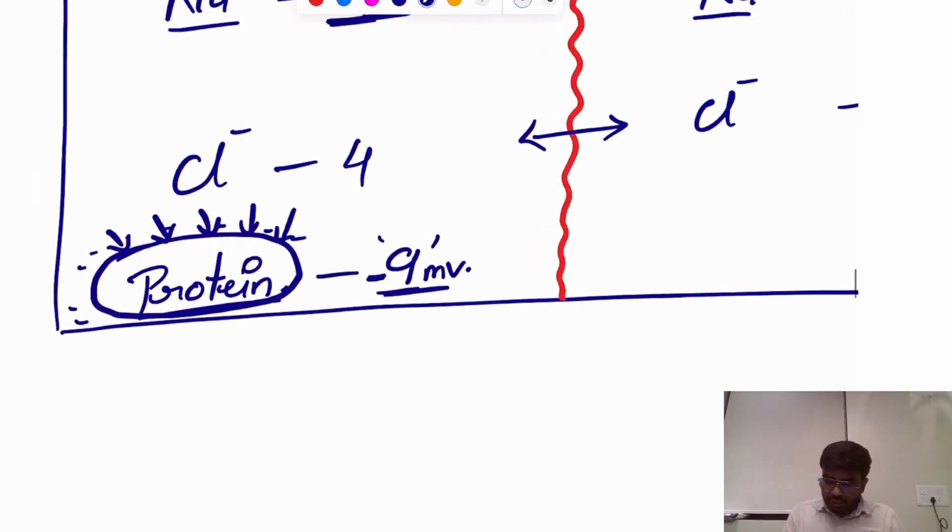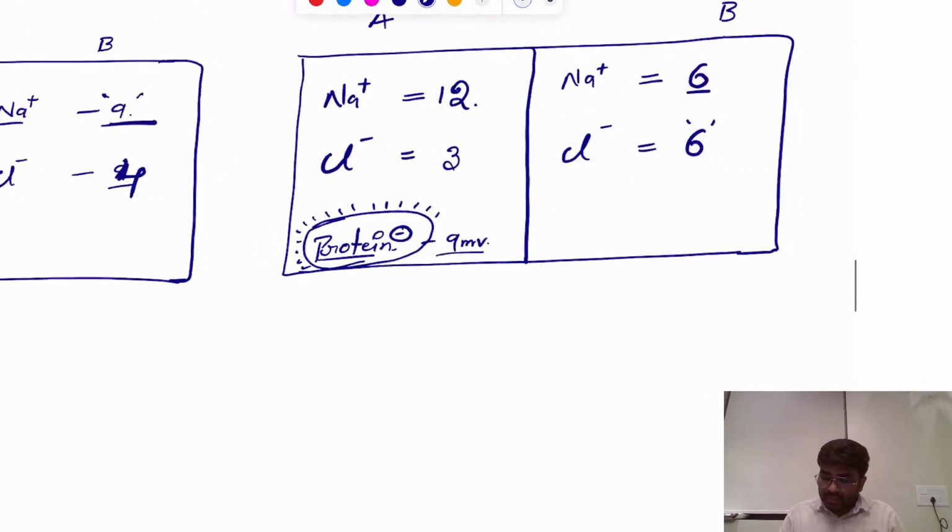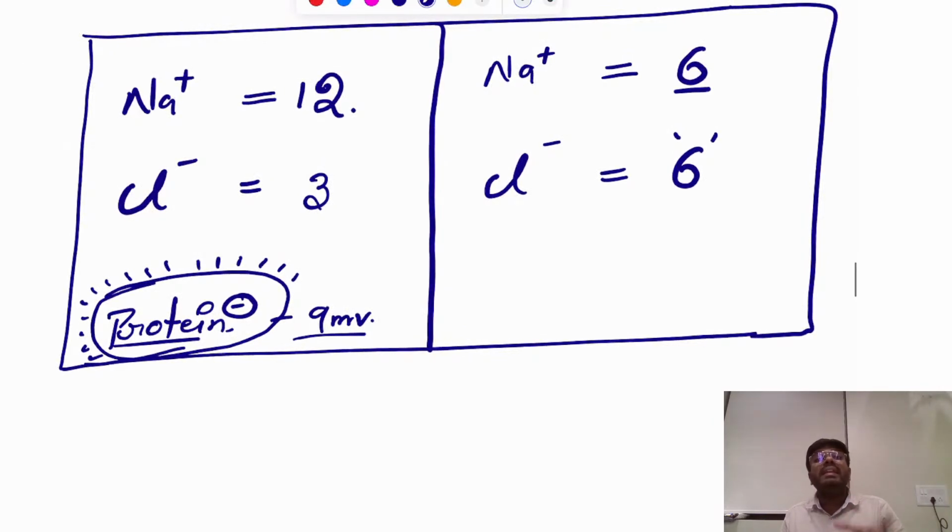But when you introduce such an impermeable ion, this protein cannot cross. So this protein is having an influence in changing the ion concentration.